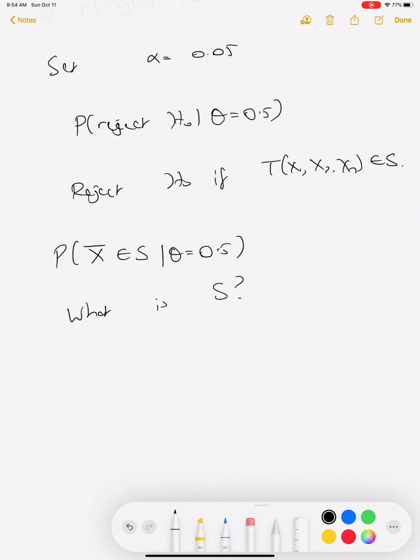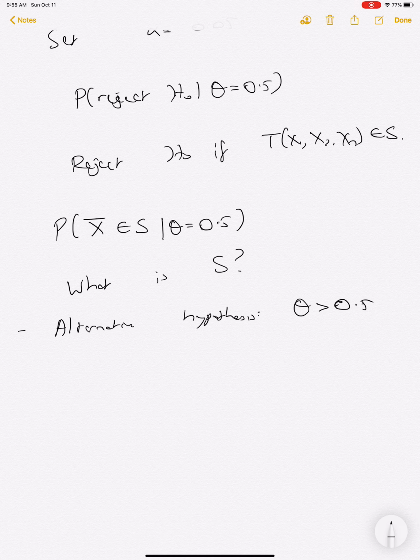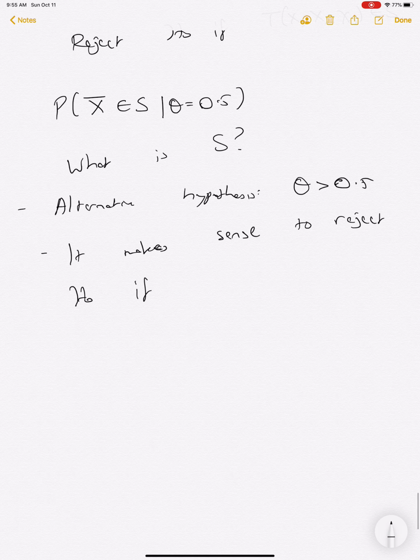This is where you need to carefully think about what your alternative hypothesis is. The alternative hypothesis is theta bigger than 0.5 here, right? Because that's our alternative hypothesis, it makes sense to reject H naught if x bar is bigger than c for some c.